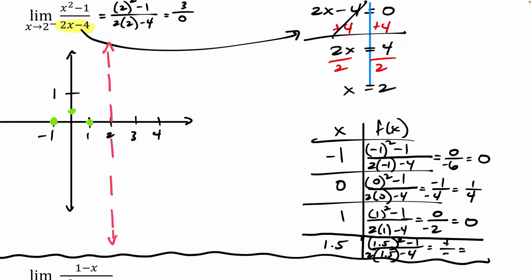And what would you get if you divided a positive number divided by a negative number? Negative number. So where is that dot? Somewhere down here. I don't know where, but it's going negative. So that verifies that, hey, it's going to hug that way.